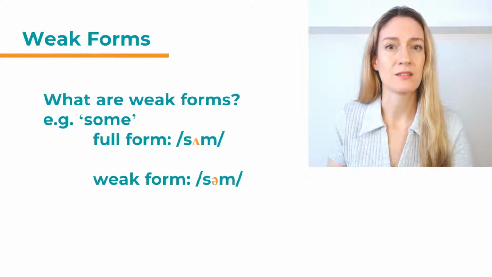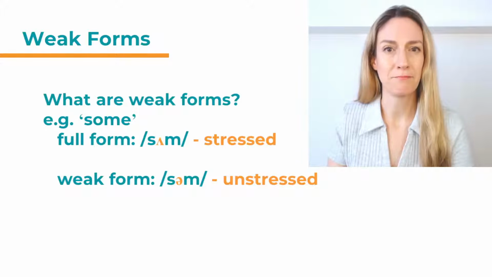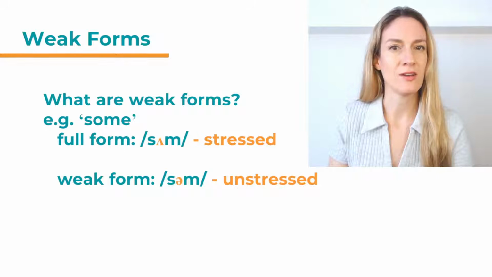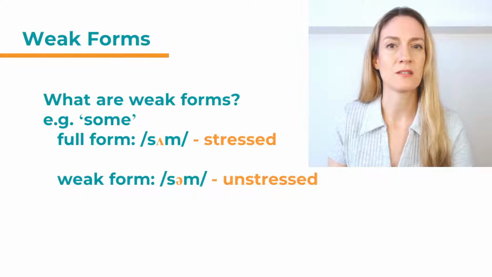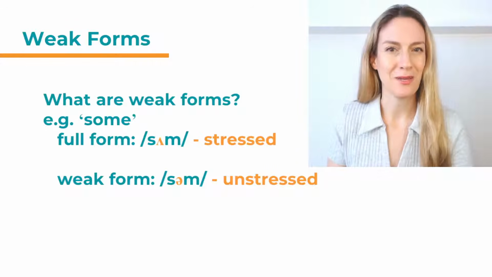Some. So if it's stressed, some, and if it is unstressed, the weak form is some. The difference here might not be as big. You'll see some other examples where the difference is very obvious.